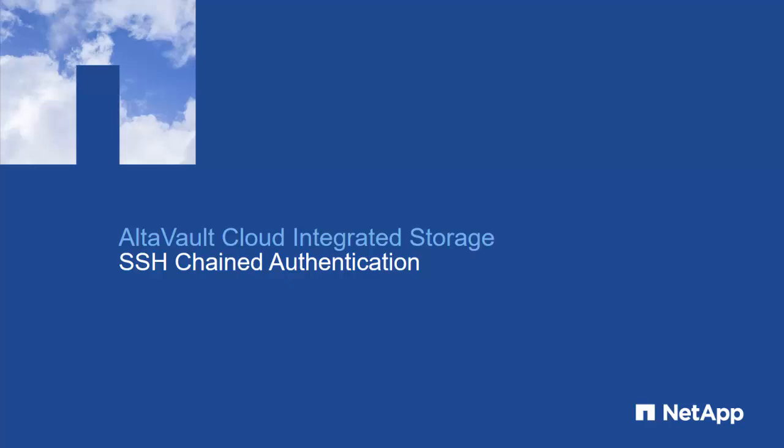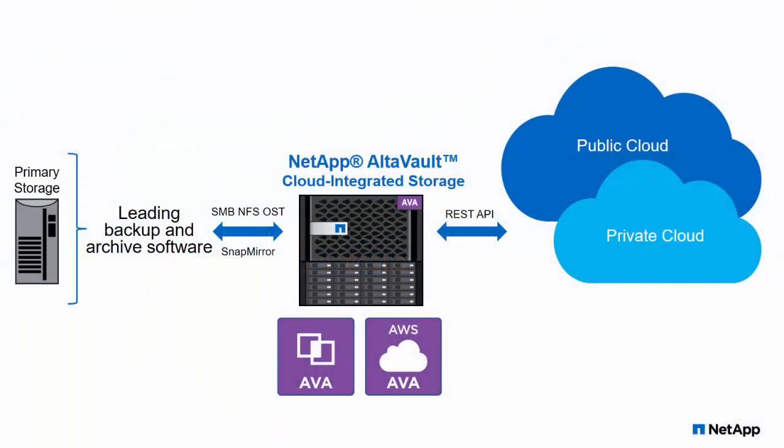To begin, let's do a quick review of AltaVault. AltaVault is a simple, easy-to-use cloud integrated storage appliance which provides access to backup and archive applications via NAS protocols including SMB, NFS, Veritas Open Storage, and SnapMirror. Backups and archives are written to the appliance by any of the leading backup application providers.